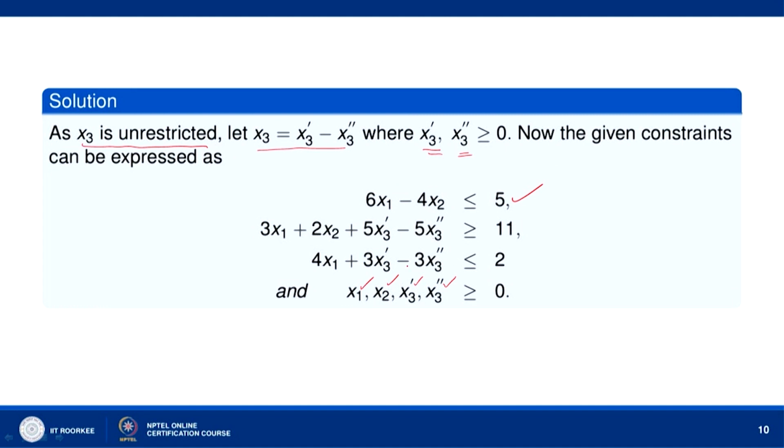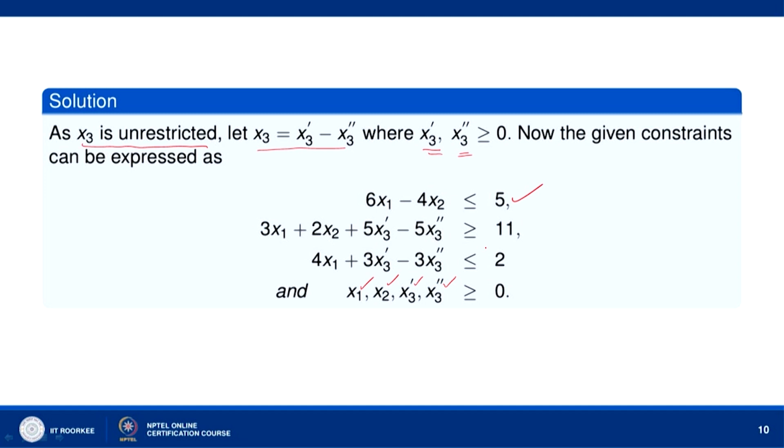It is not yet in the standard form; we have just observed that x3 is unrestricted. So, x3 can be written as x3 dash minus x3 double dash. We have written the constraints in terms of variables x1, x2, x3 dash, x3 double dash, where they are all non-negative.